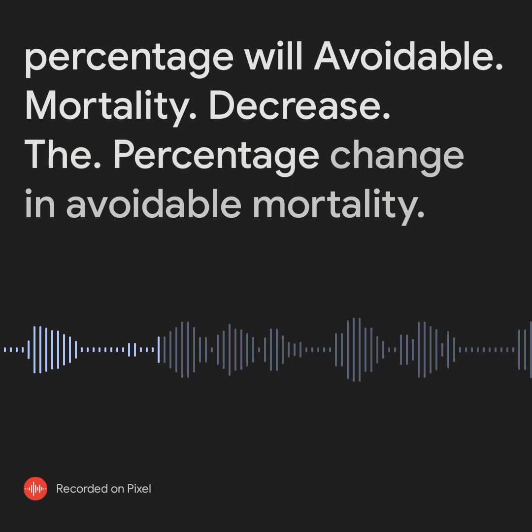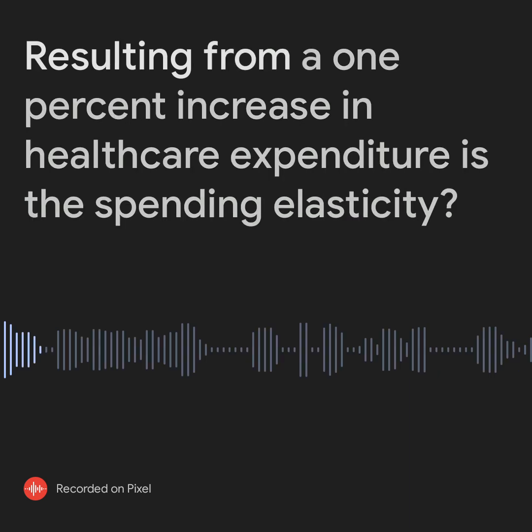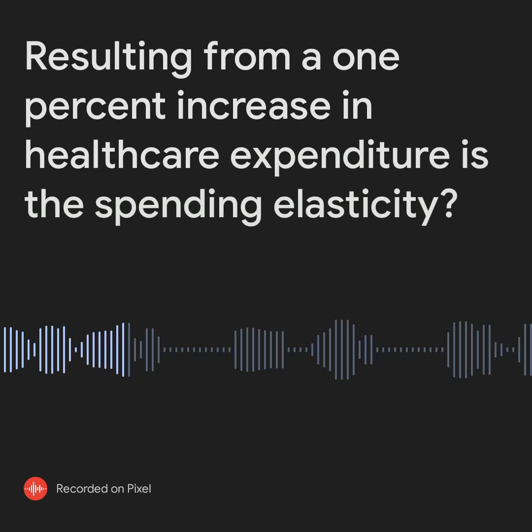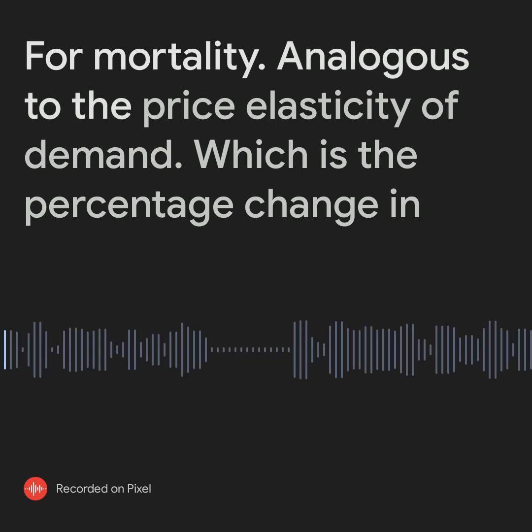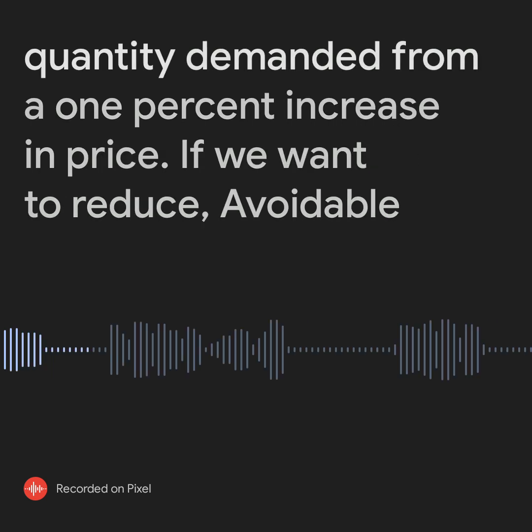The percentage change in avoidable mortality resulting from a 1% increase in healthcare expenditure is the spending elasticity for mortality, analogous to the price elasticity of demand, which is the percentage change in quantity demanded from a 1% increase in price.